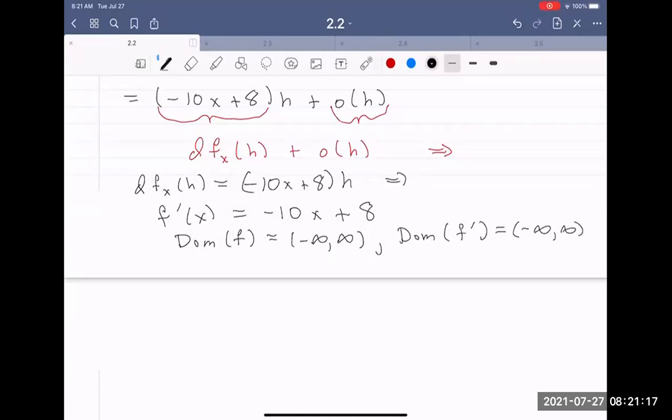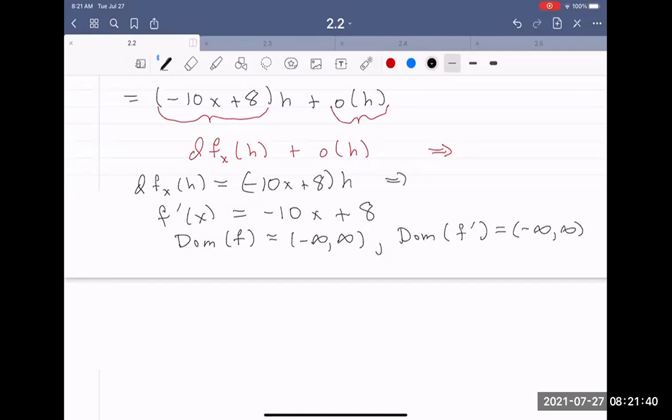Any questions about this? So it turns out that what you're doing is you are somehow finding an approximation to this difference.